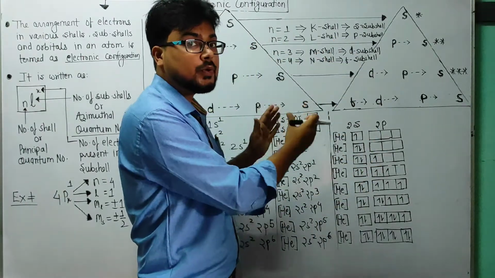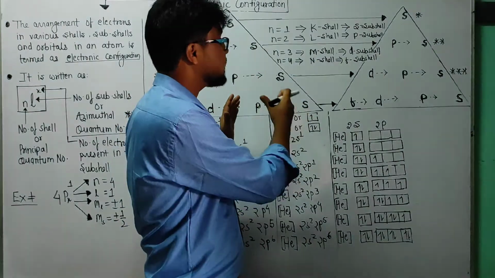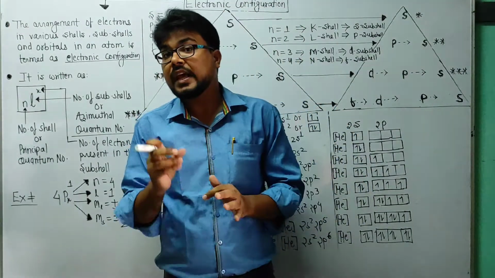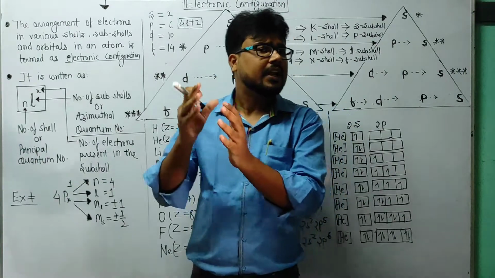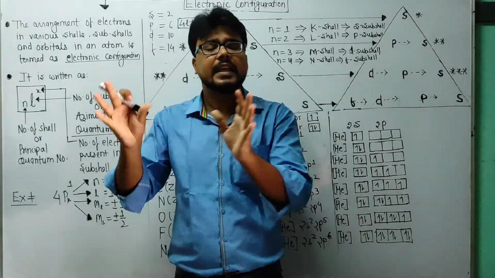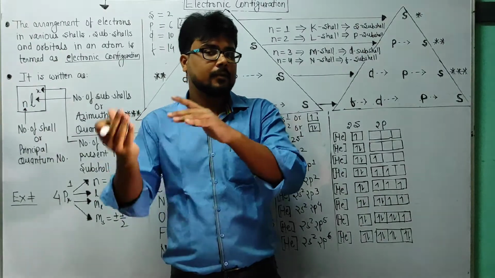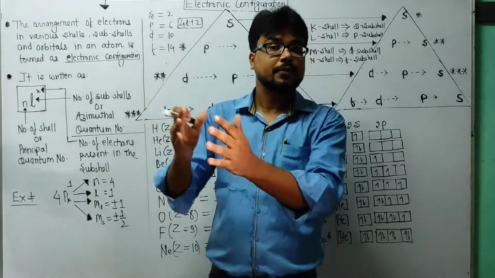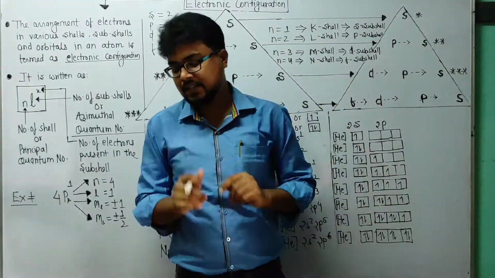We are going to use in this lecture the pyramidal structure, or we can say the triangle structure, and with the help of this we can easily conclude the electronic configuration of any kind of atom, any kind of element, whether its atomic number is less than 10 or more than 100 or in between 10 to 100, meaning any atomic number we can discuss here.